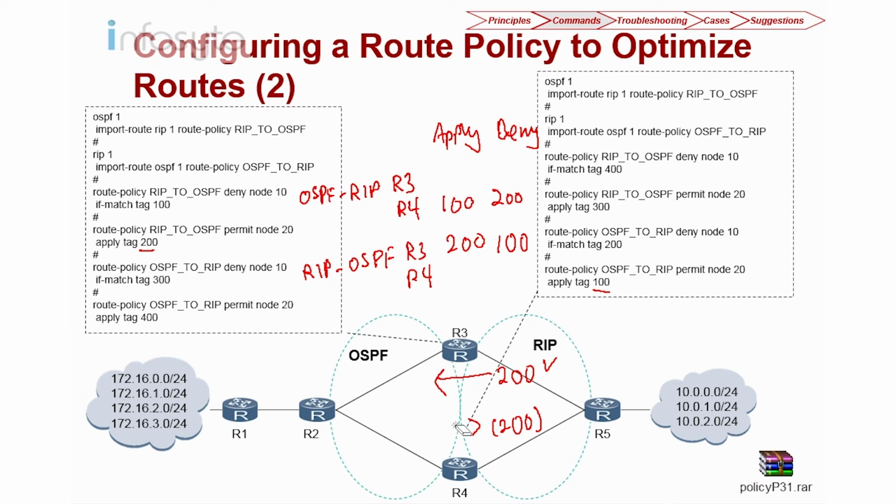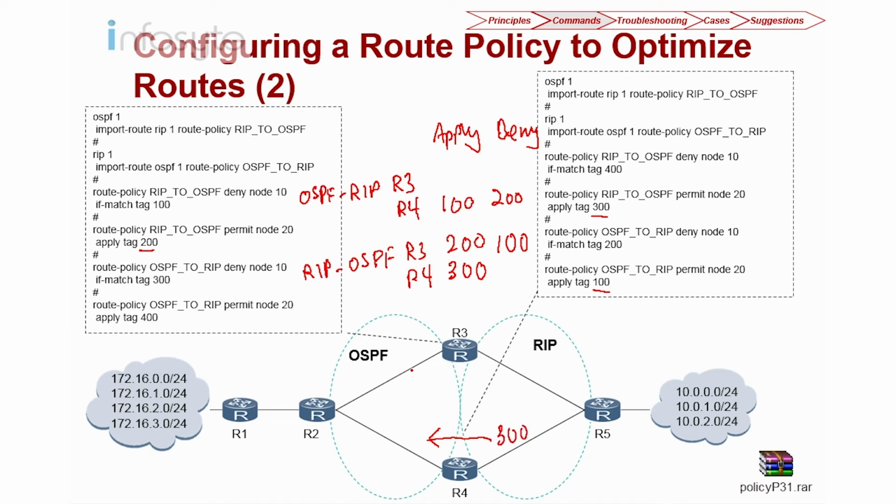So that is only for OSPF to RIP and RIP into OSPF. Okay, and what happens on the other way? Now we are going to do RIP to OSPF in router 4. As you can see from here, we are going to use a 300. So RIP to OSPF on router 4, we are going to use a 300.